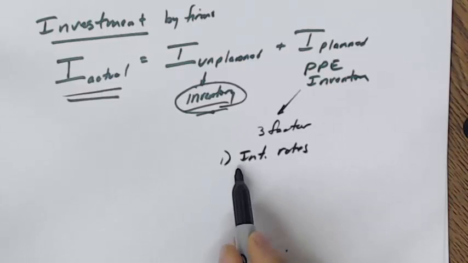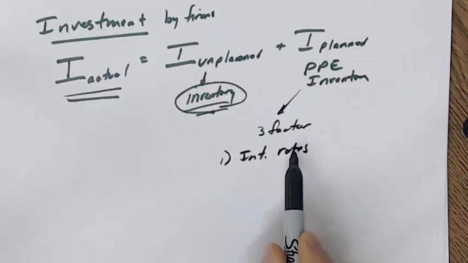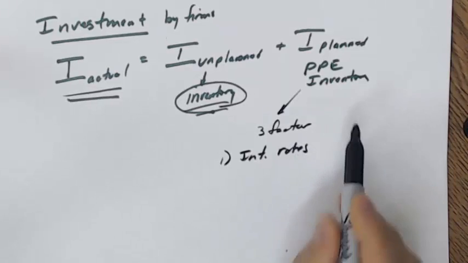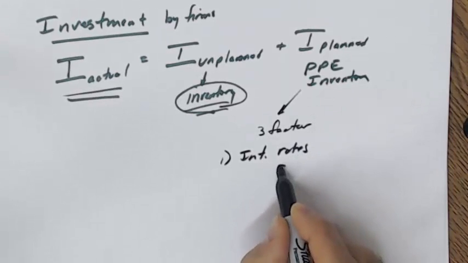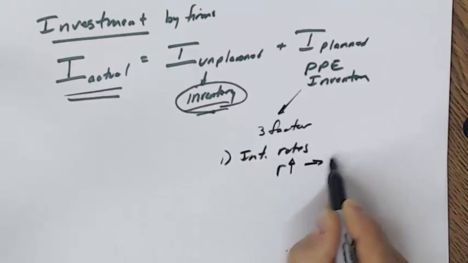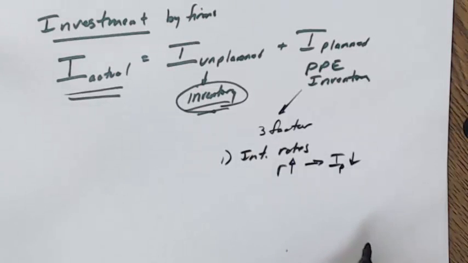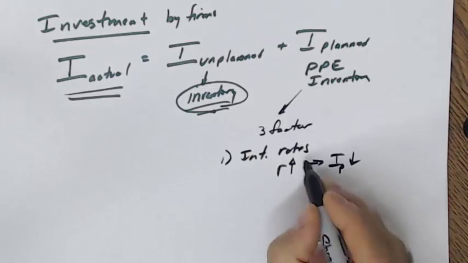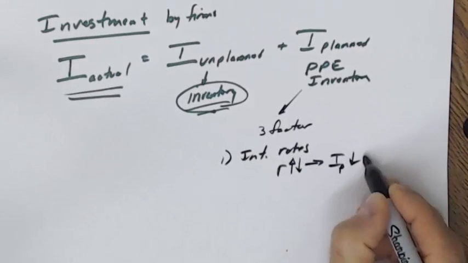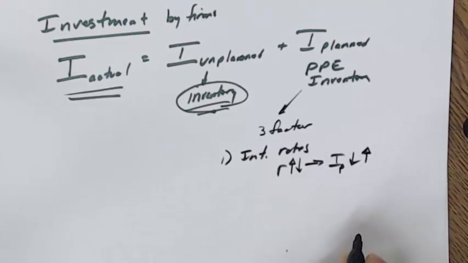So interest rates determine a large part of your investments. And so when interest rates go up, R goes up. That means your I, investment, P, I should put a little P there, planned, goes down, and vice versa. Okay, so when this goes down, this will go up. Okay, that's the first factor.